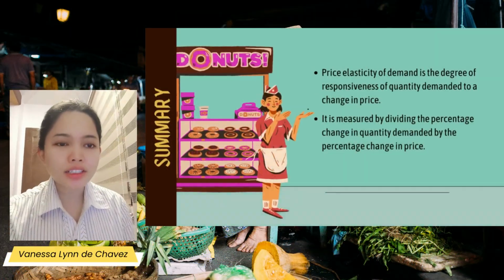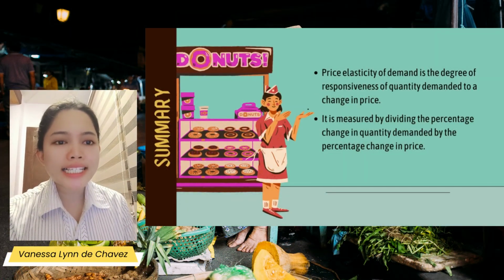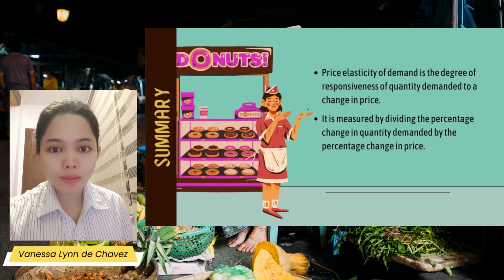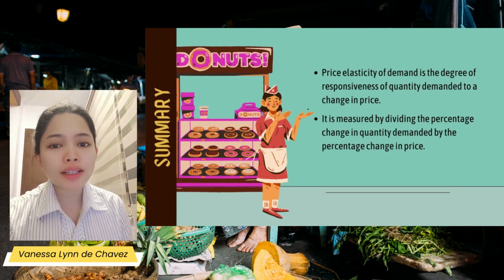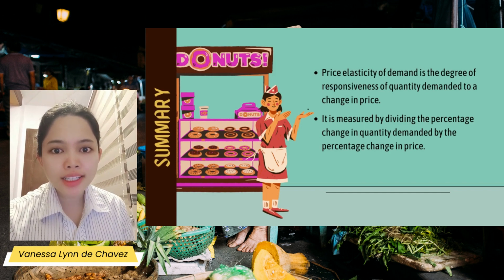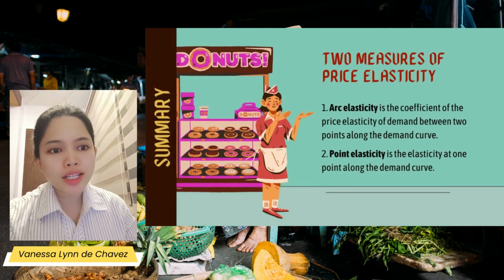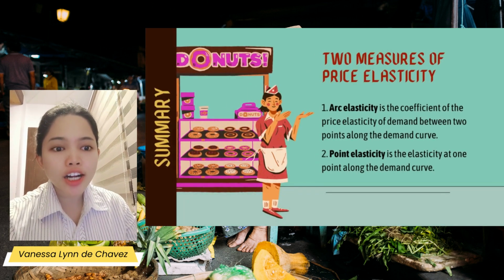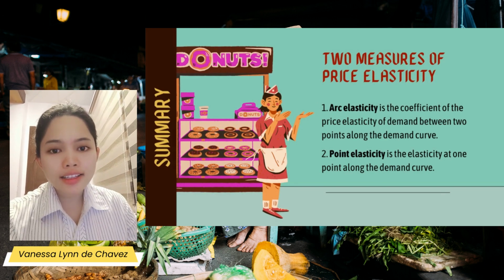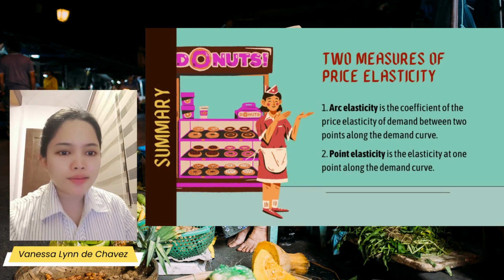In summary, price elasticity of demand is the degree of responsiveness of quantity demanded to a change in price. It is measured by dividing the percentage change in quantity demanded by the percentage change in price. There are two measures of price elasticity. First is arc elasticity, and next is point elasticity.